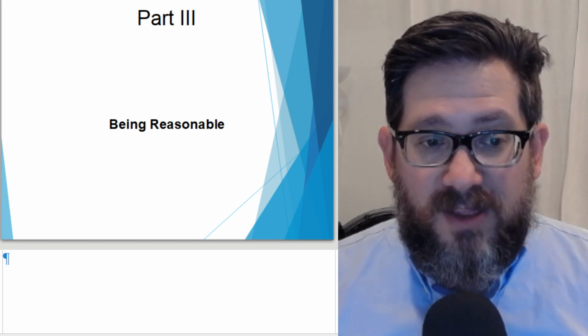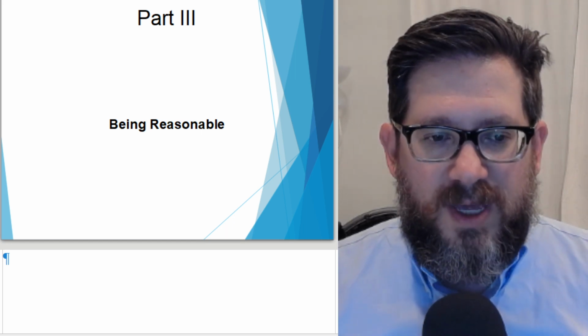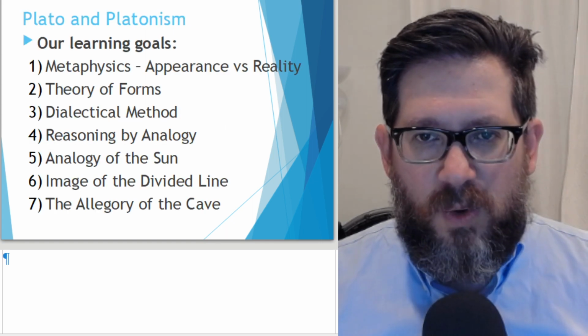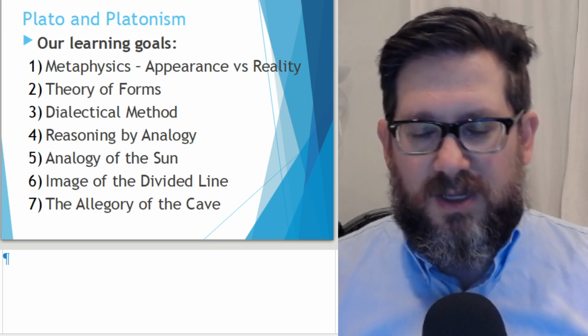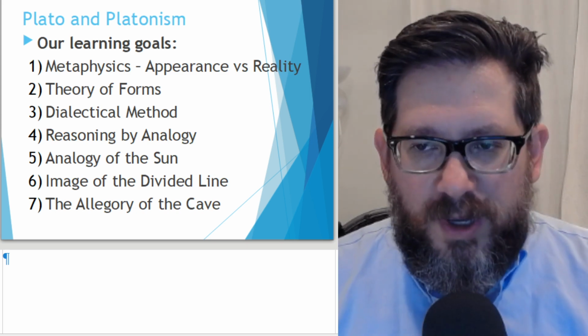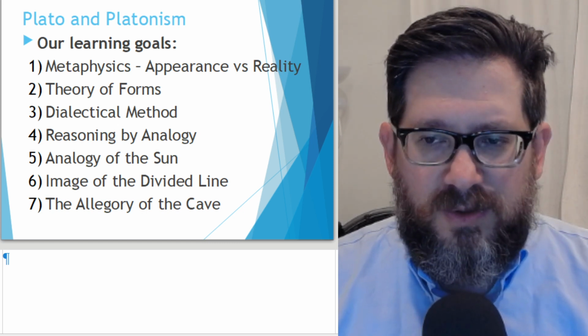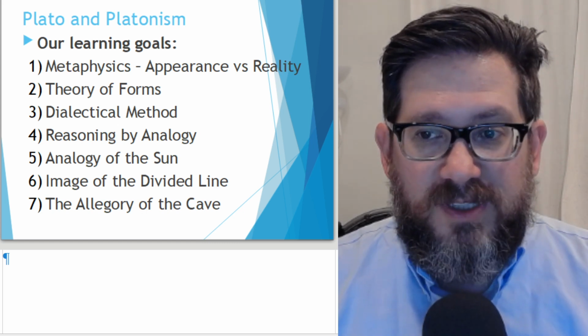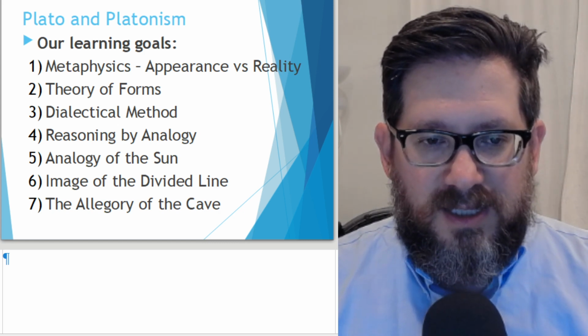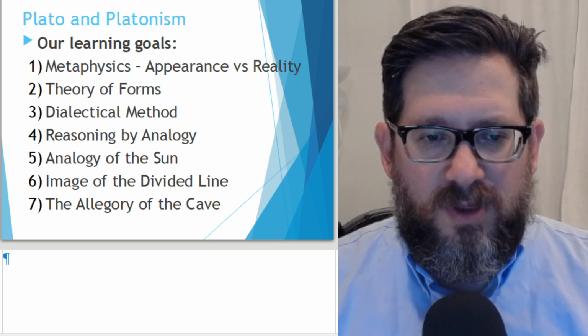Okay, but before we get there, I want to go back to a slide that was right at the beginning of part 1, where I gave us our learning goals, and we've been working through this in order. We've talked about metaphysics, appearance versus reality, and last video we went through the theory of forms.